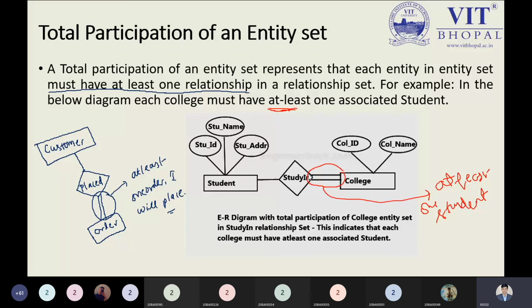No relationship. A relationship will exist when you make at least one order. After placing one order at least, you come back home, no issue. After placing many orders, there will also be no issue. But at least you are making one order. So we can say there is communication between the entity and relation. At least we have one piece of data. That is my point. At least we are making one order. At least one student exists in the campus. That is the point. Now clear?